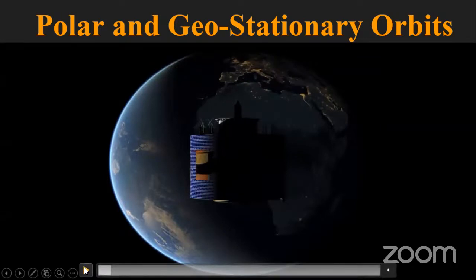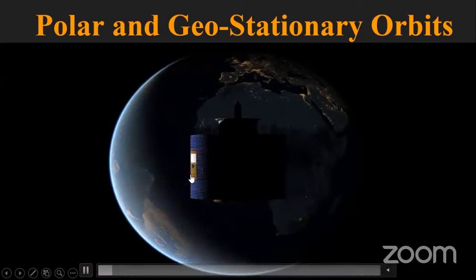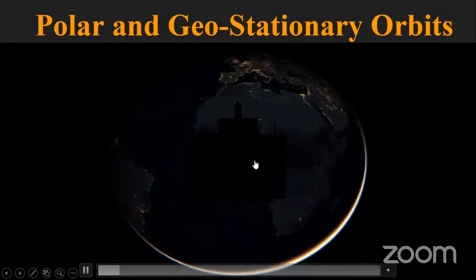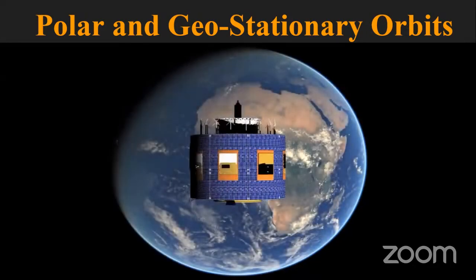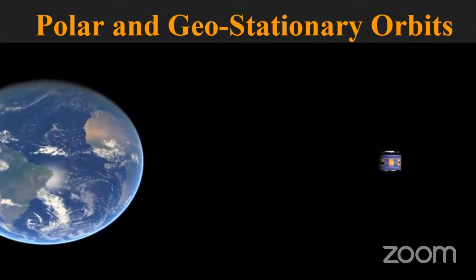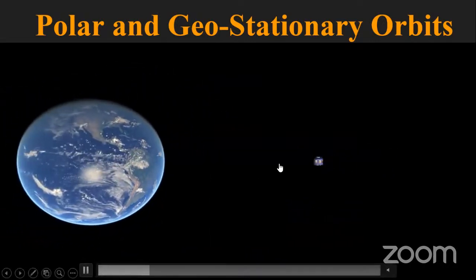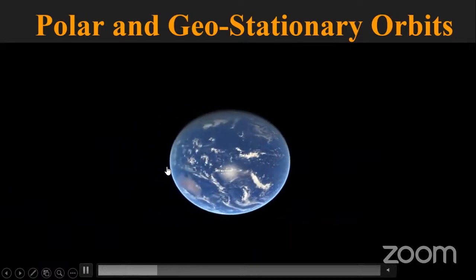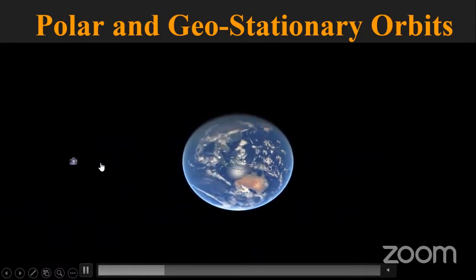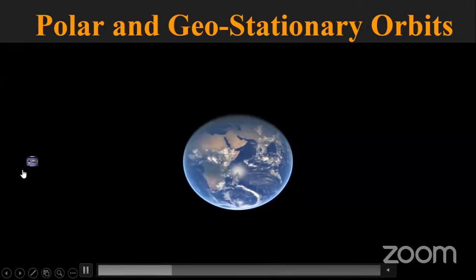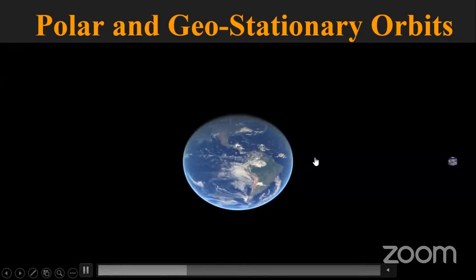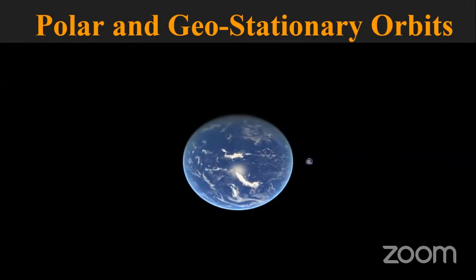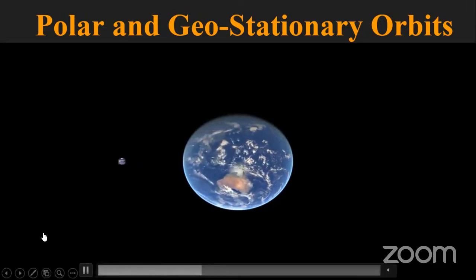Now just observe, wherever the African continent goes, this satellite will always remain above the African continent, which means this is a geosynchronous satellite. It will always remain above one particular geographical location. See, wherever Africa is going, it is always above Africa. Such satellites are called geosynchronous satellites.